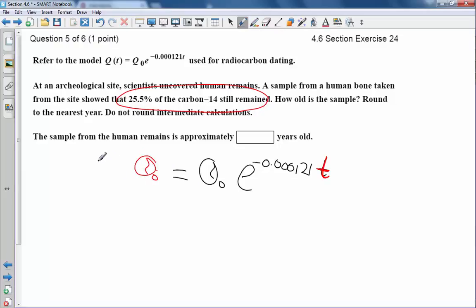How much part of that? 25.5%. 25 over 100 of the original amount is left. Okay? So this is the only smart move we need to make in this equation. And then the rest is quite steady, simple.